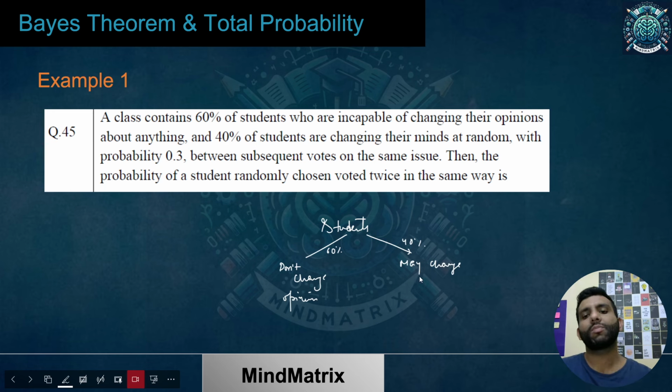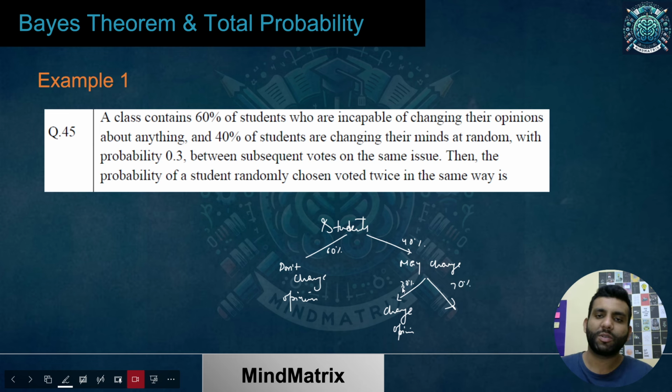It is like 40% may change. Now within those, 30% change the opinion, because 30% is the chance. And 70% do not change, because if 30% change, then 70% do not change.